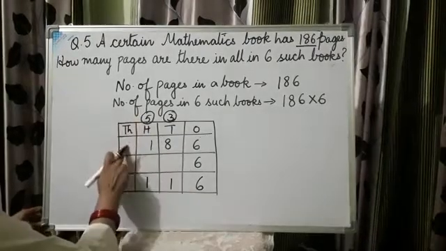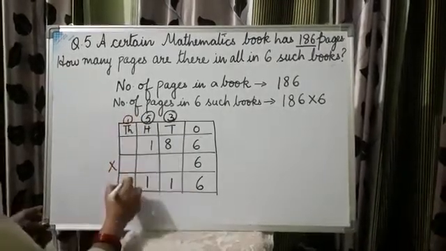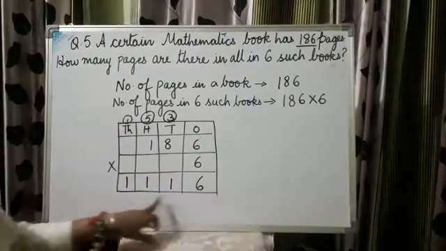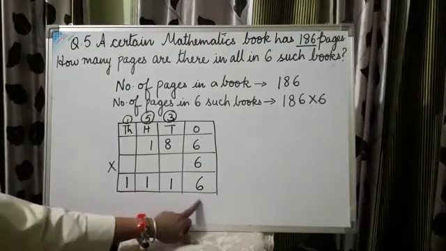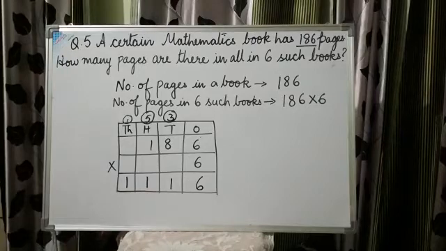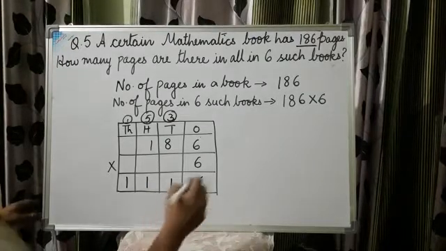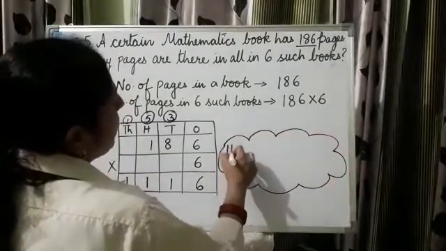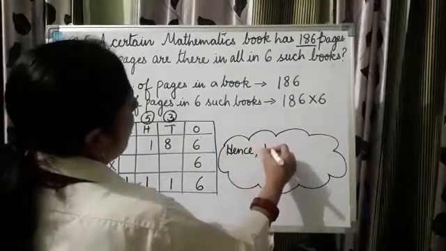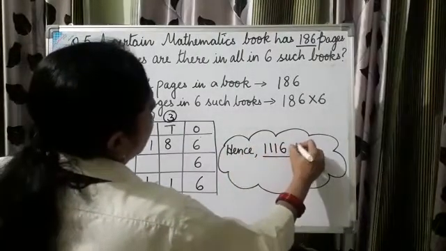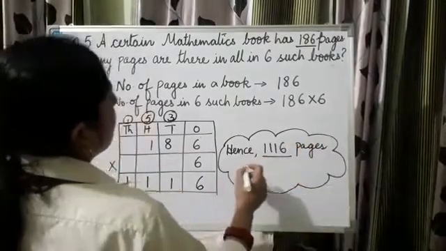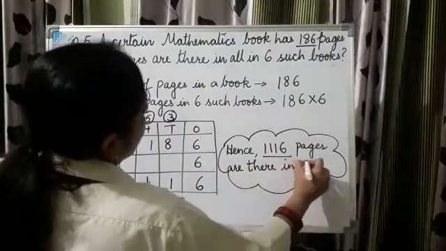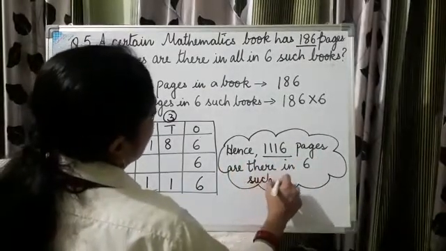Since we don't have any digit here, if we write the carry also it will come down only. You can straight away write the carry here and complete the multiplication as 1116. Pages will be there in 6 such books. So let's write the last statement. Hence 1116 pages are there in 6 such books.